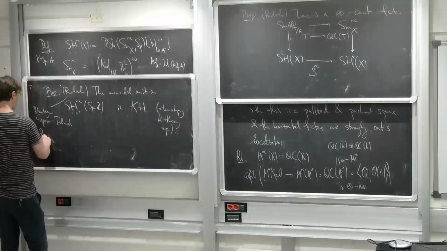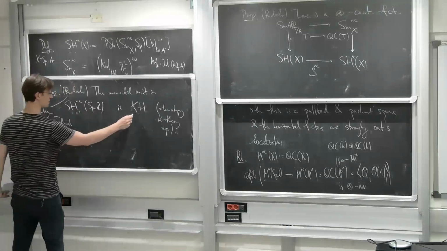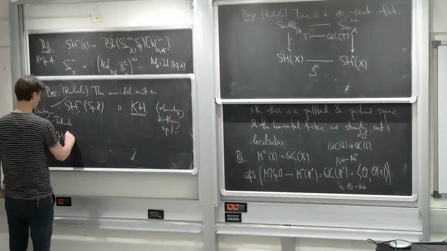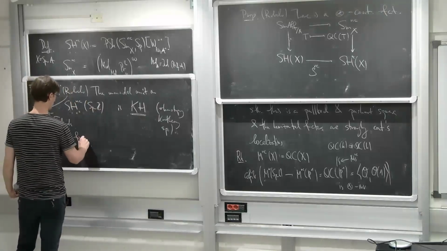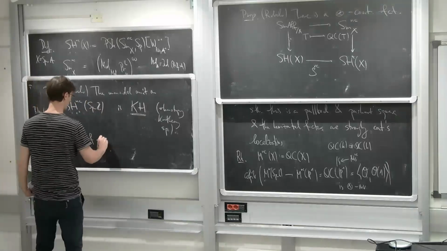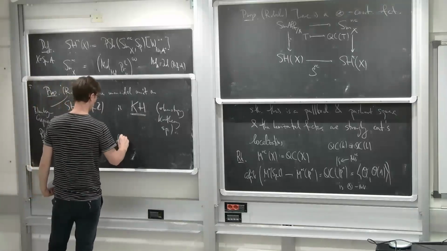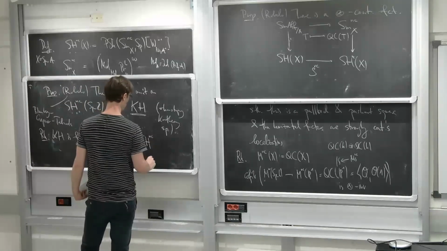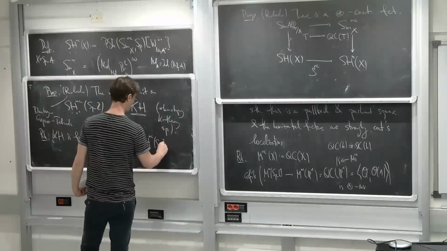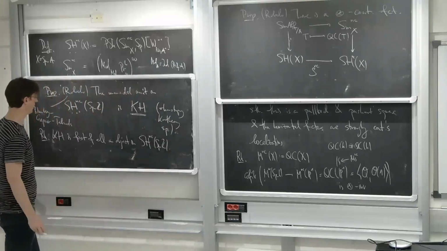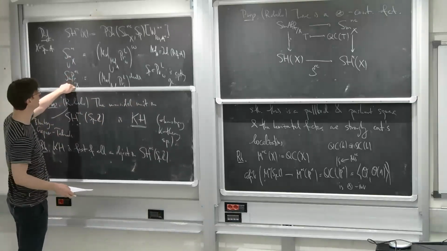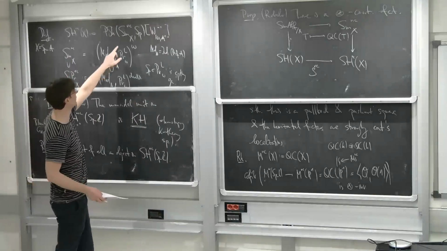So, remark. How is this KH an object here? First of all, an object in this SH non-commutative. So let's parse the definition again. So we look here.